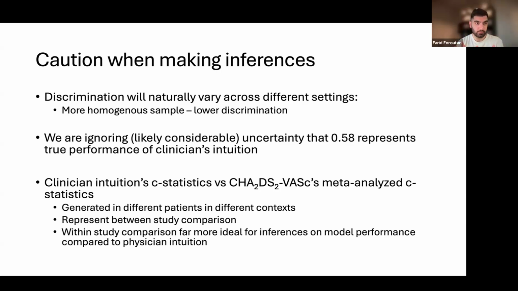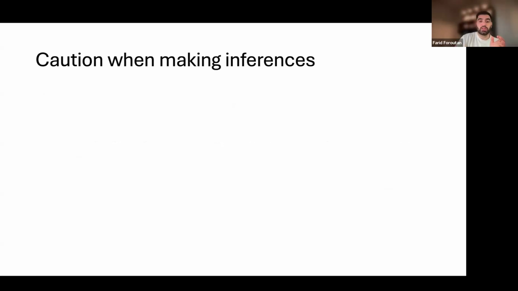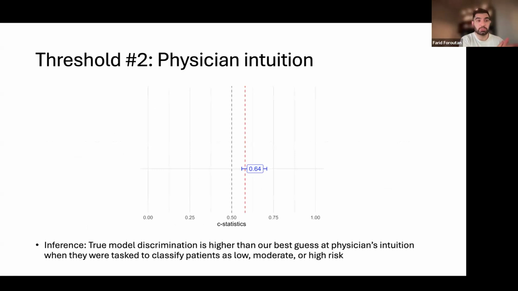If you really want to say, because of what I saw here, CHA2DS2-VASc is better than physician intuition, you're going to have to rate down for a lot of indirectness issues. And you're going to have probably very low certainty in making the inference that CHA2DS2-VASc is better than physician intuition, which effectively, if you were to use Nancy Santesso's language around communicating what the conclusions are based on certainty, you would be throwing your hands up saying, we're actually quite uncertain about what the true difference between CHA2DS2-VASc and physician intuition is.